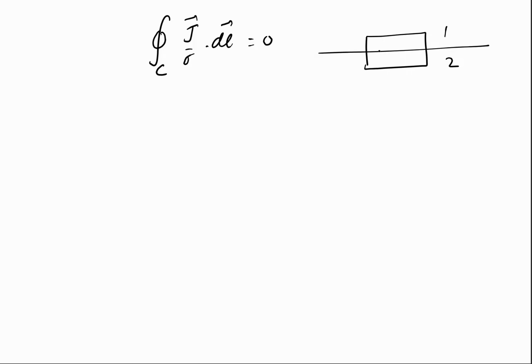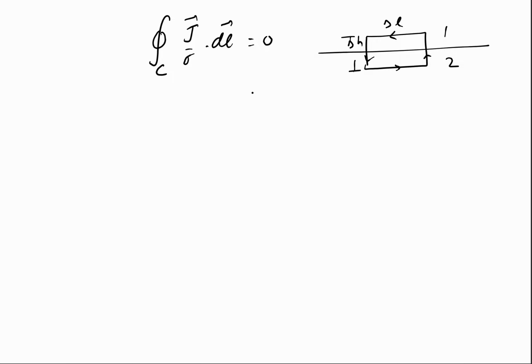Now, let us take another equation. J by sigma dot dl over the closed curve C is equal to 0. Again, this is medium 1, this is medium 2. I will take the circulation along this curve, delta L, delta h, in the limiting case when this delta h tends to 0.